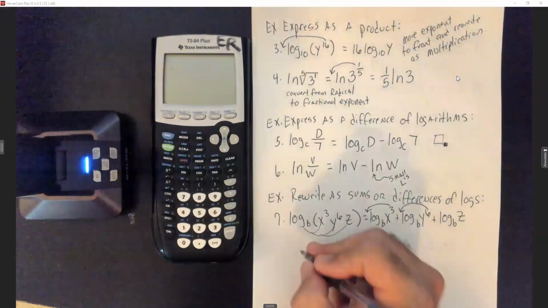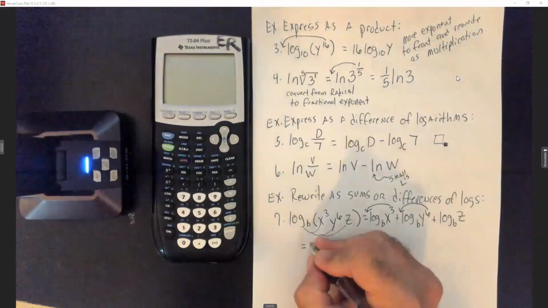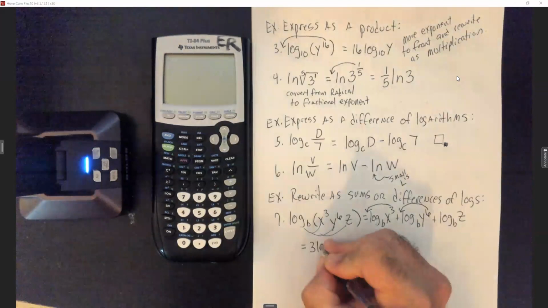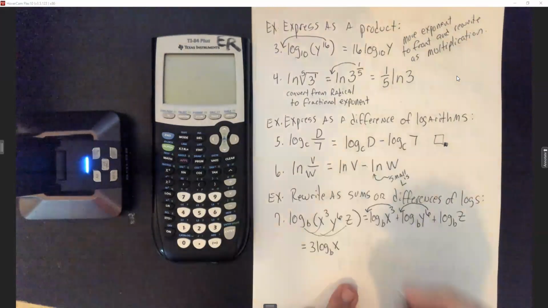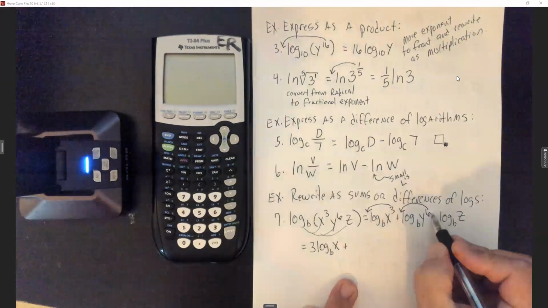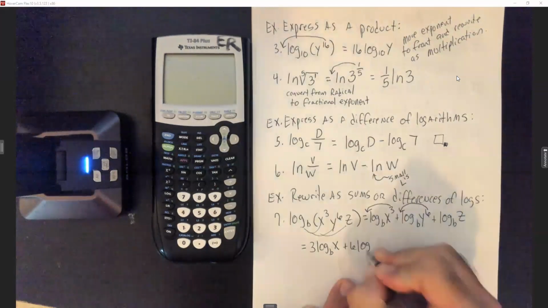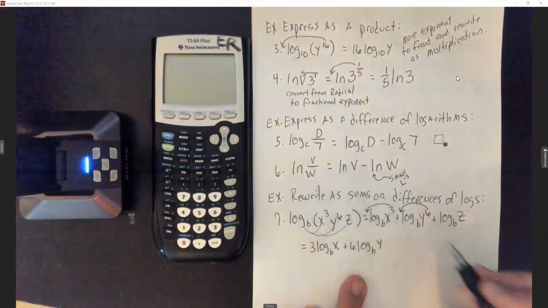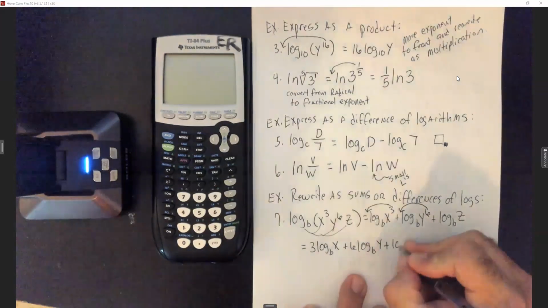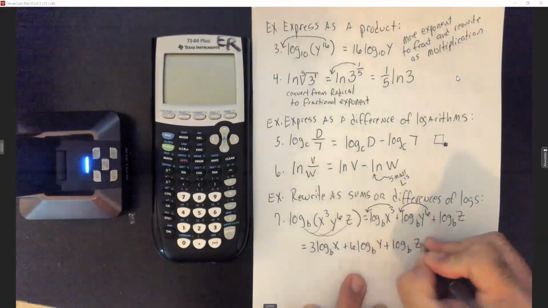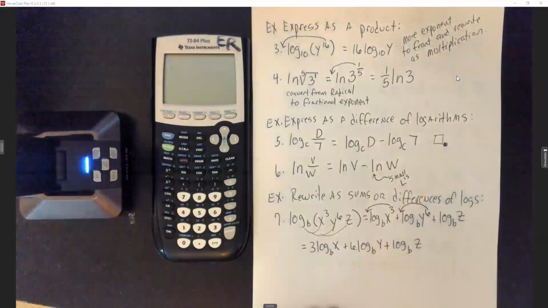So that when I rewrite that, I get my 3 log b of x, plus this one will give me a 6 log b of y. And then I didn't change that, and so it's just going to come down as a log b of z. That would be our final answer.